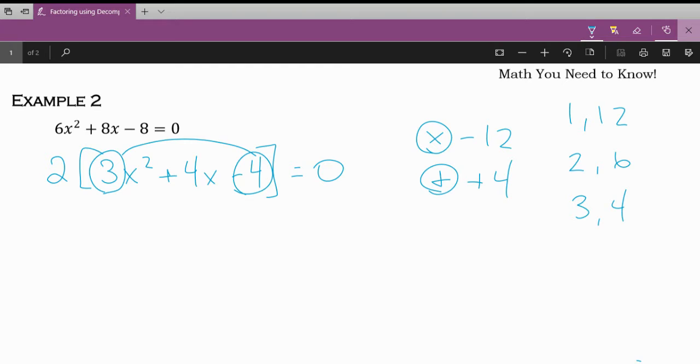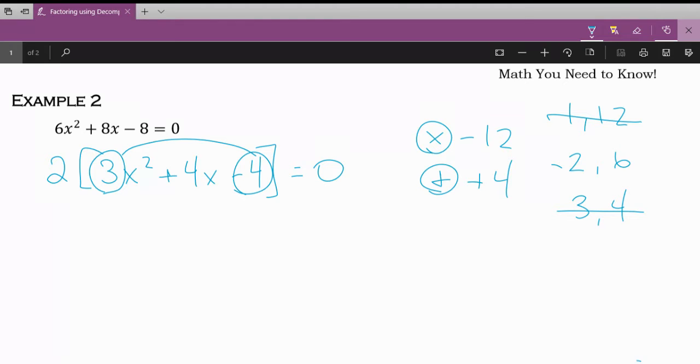Now, we know that it's multiplying to negative 12, so that means that one of our numbers is going to have to be negative. So there's no way for 1 and 12 to add up to 4. There's no way for 3 and 4 to add up to 4. So 2 and 6 is the one we want to look at. Now, if the negative is on the 2, that would add up to positive 4.